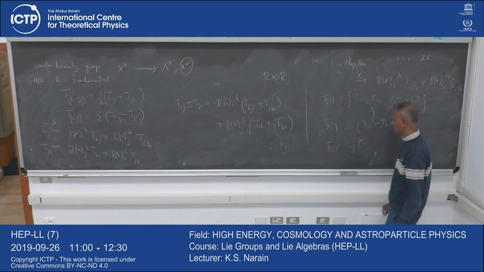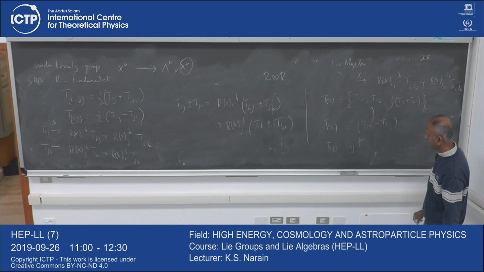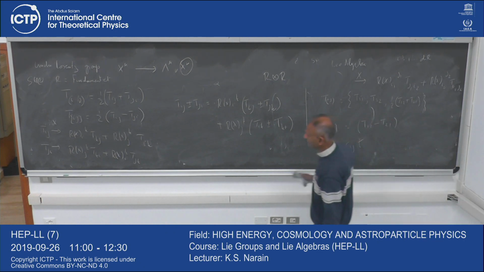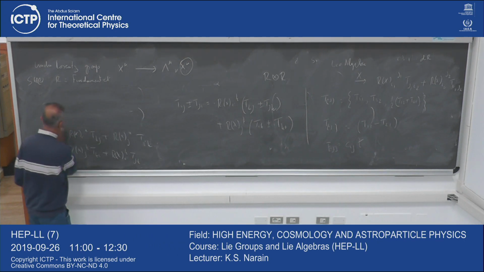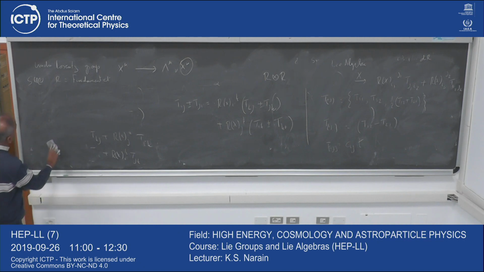So it's proportional to epsilon ij. The SU2 case is quite trivial. Okay, so this is the basic procedure.